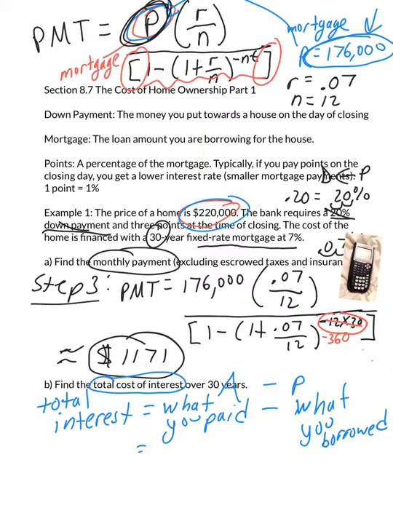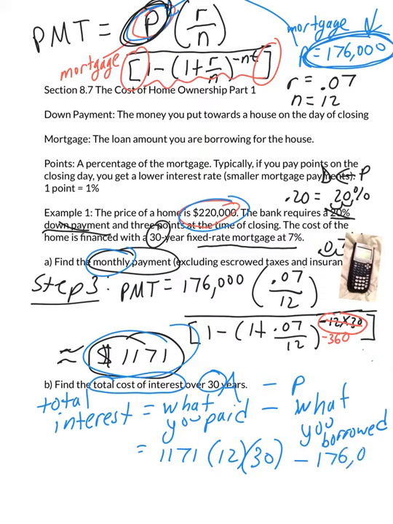So what we paid, well, let's think this out. We're paying $1,171 for principal and interest of what we borrowed, times, it's a monthly payment, so we're doing it 12 times a year, times, we're doing it for 30 years, minus P, what we borrowed. Well, we borrowed $176,000. Was our mortgage.